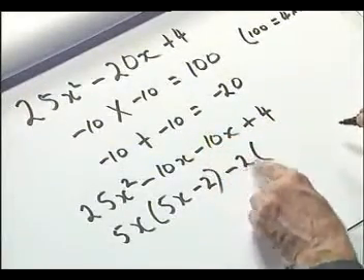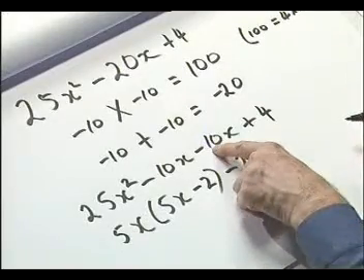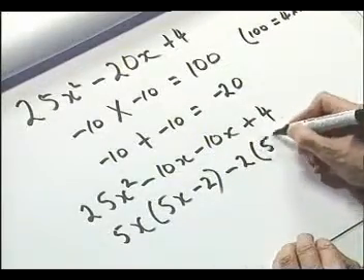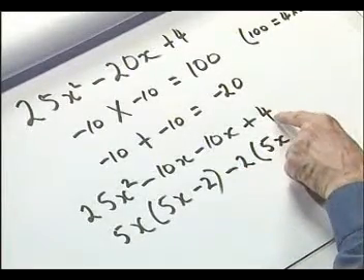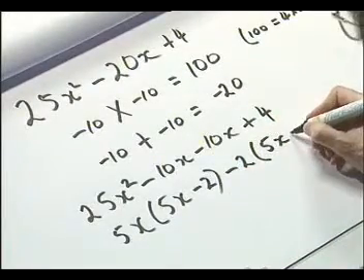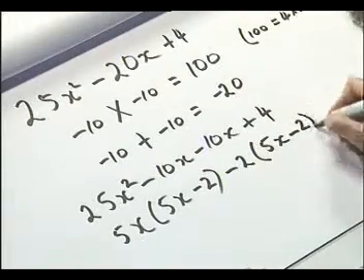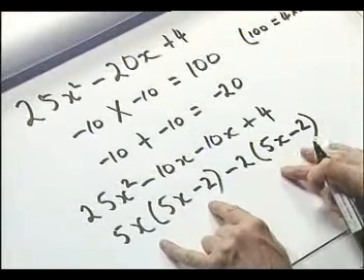Which will give us minus 2 times by something has to give us minus 10x. That's going to be 5x. And minus 2 times by something has to give us plus 4, which is going to have to be minus 2. Two lumps of algebra.